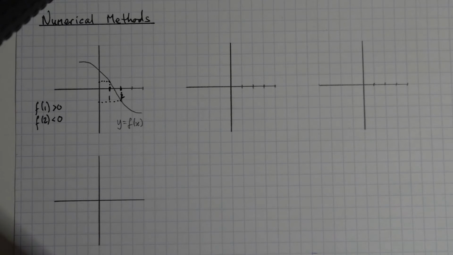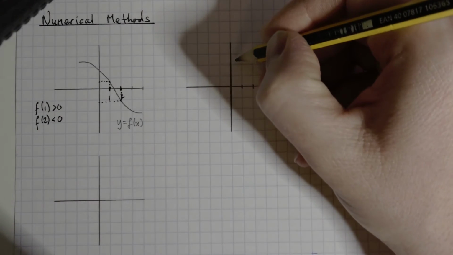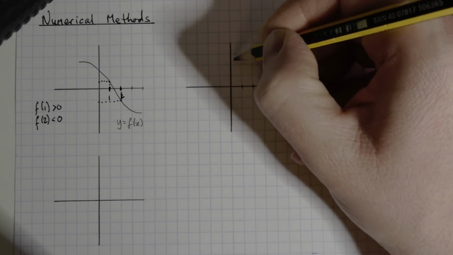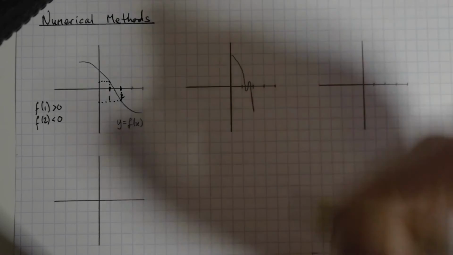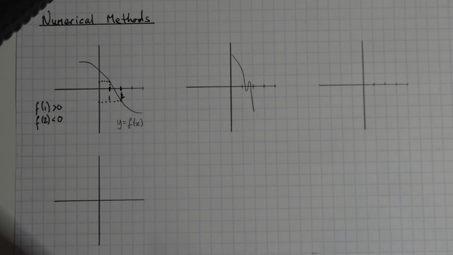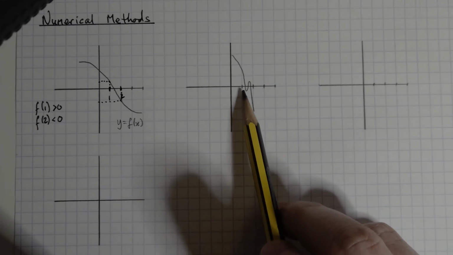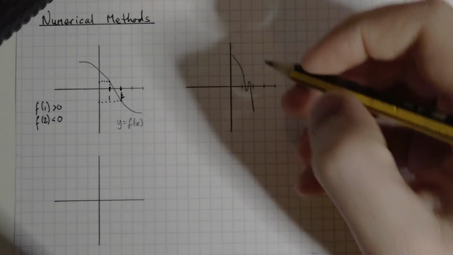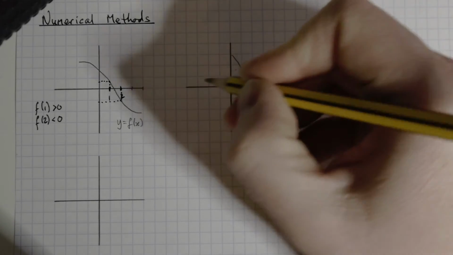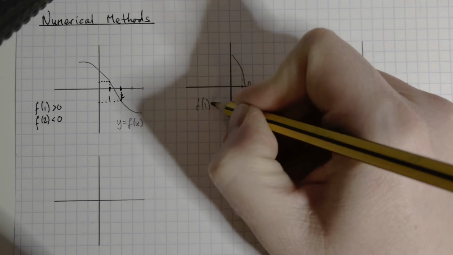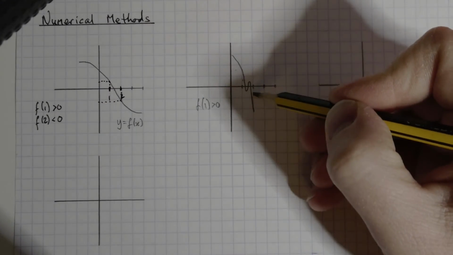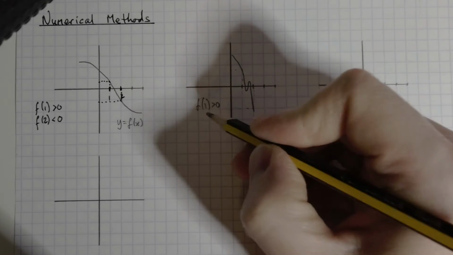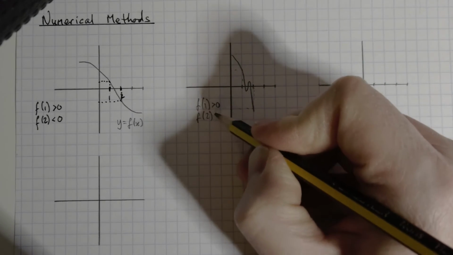Now, we need to be a little bit careful because there's a few other little caveats to this. If I had a graph that did something like this, the same thing would happen again: f of 1 gives me this positive number here, slightly more positive than last time. f of 2 will give me this negative number down here.